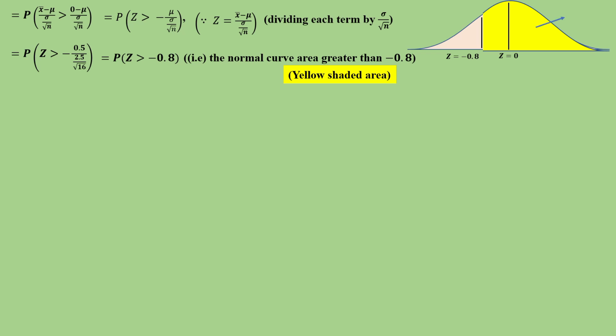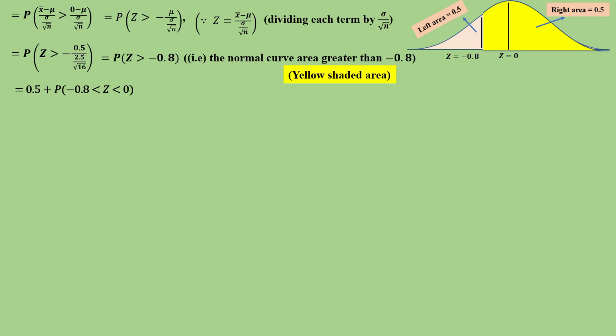The right side, the positive side, has area 0.5 and the negative side has area 0.5. The total normal curve area is 1, and we split it into two. So we need the yellow shaded area. That yellow shaded area can be written as the area from minus 0.8 to Z equal to 0, plus the right side area.